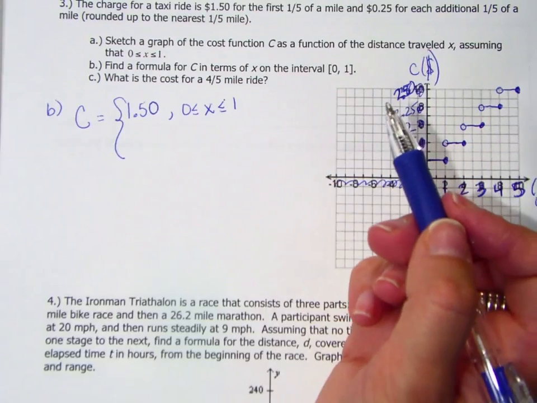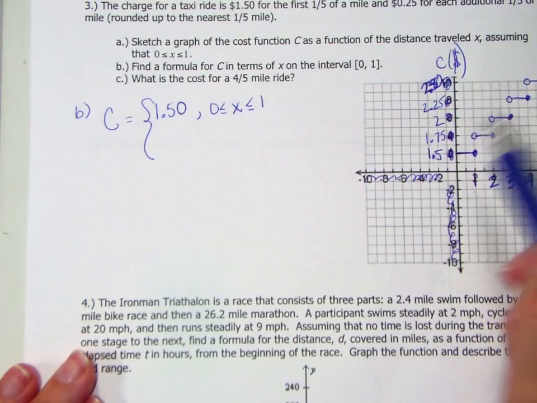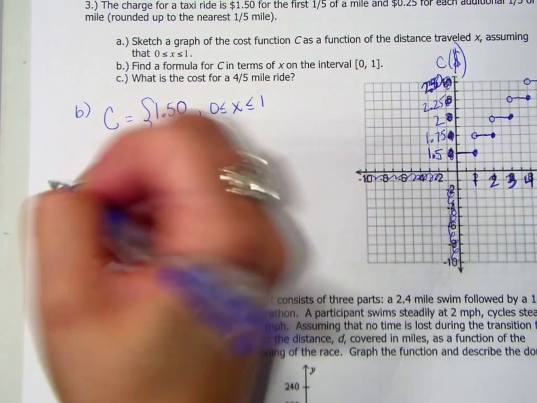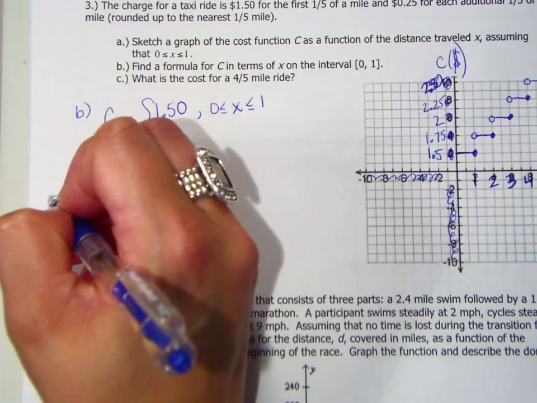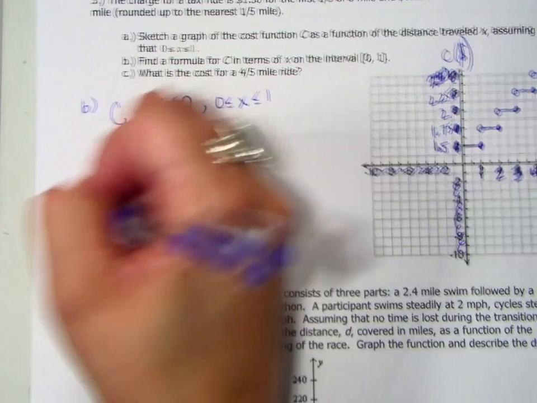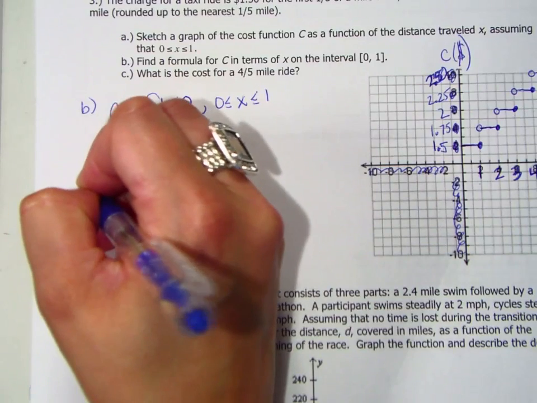So we have to figure out how to write an equation that takes that into account. Here's what we're going to do. We're basically going to go back to Algebra 1. We're going to pick a couple points that we know are true within that interval, and we're going to write an equation. Okay? So I know that if I am going 2/5 of a mile, my cost is $1.75.